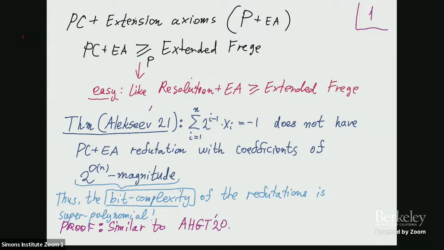Let's call it PC plus EA plus extension variables. It is polynomially equal to or stronger than extended Frege, because PC with extension variables already simulates resolution with extension variables.